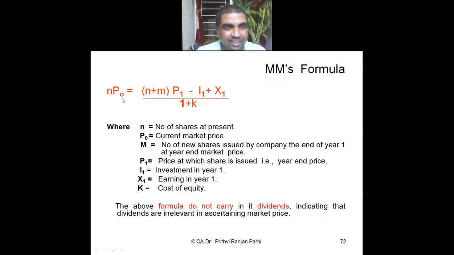Or I can say the new shares value is the new shares number into P0, which will be equal to old shares plus new shares into price one minus investment plus earning, discounted with cost of capital.